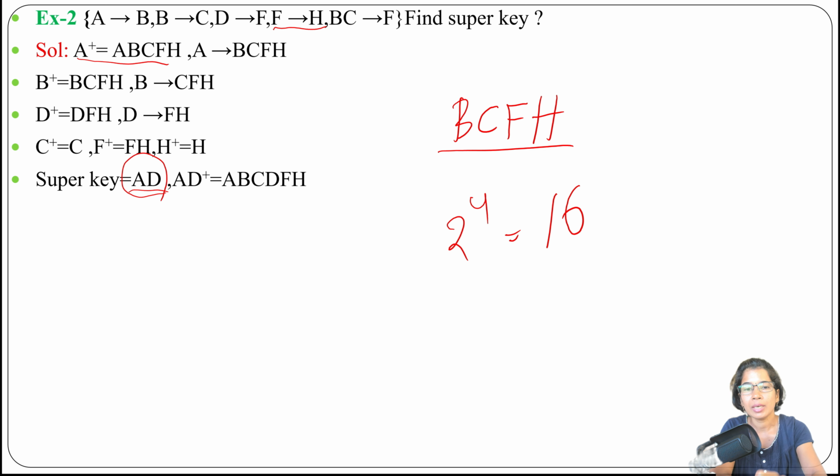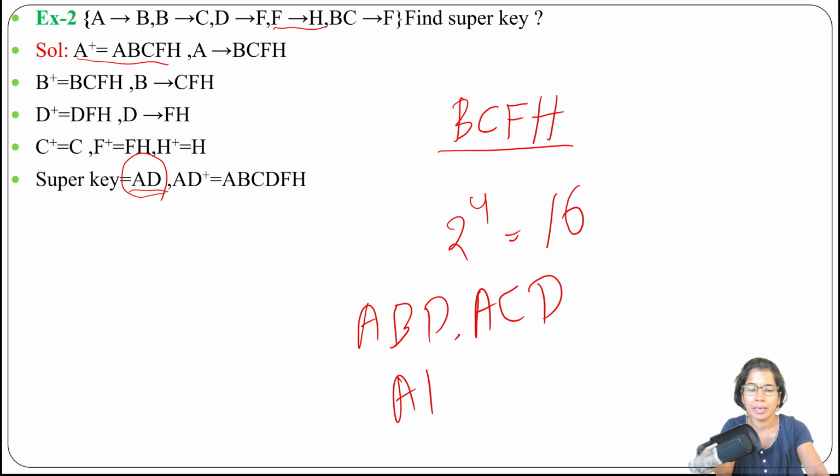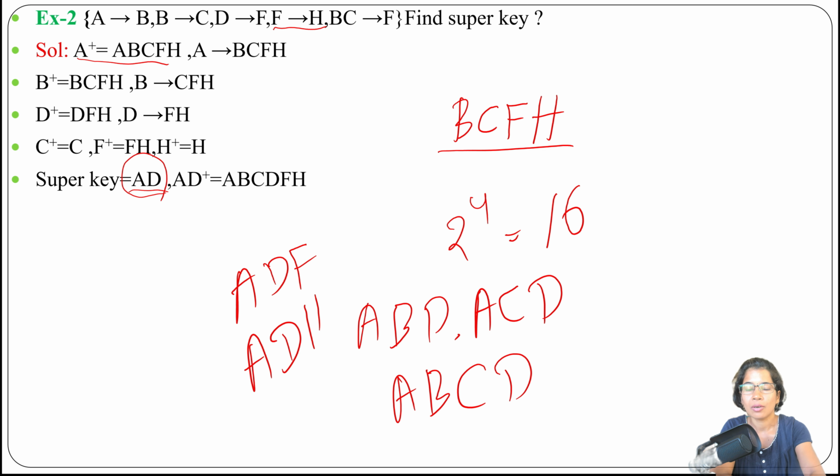AD is our candidate key, or we can say minimal super key. A, B, D, A, C, D, or suppose A, B, C, D, A, D, F. Any superset of this, A, D, H, all are super keys. So in total there can be 16 super keys possible in this example.